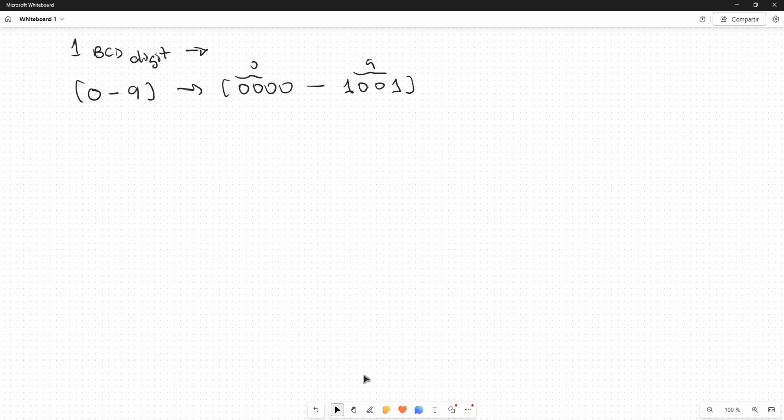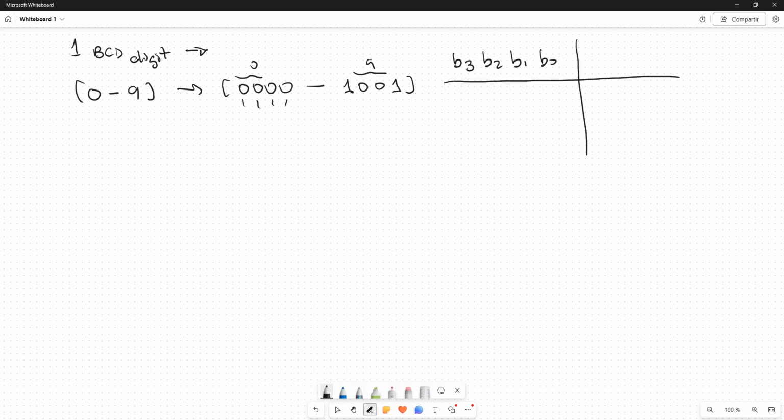Imagine that according to the input you are going to have several values of the output. You have to do the truth table. For example, in the truth table, we have 4 inputs because it's a BCD digit. We have 4 bits, sorry. If you have 4 bits, you are going to have certain values of the output for these combinations.